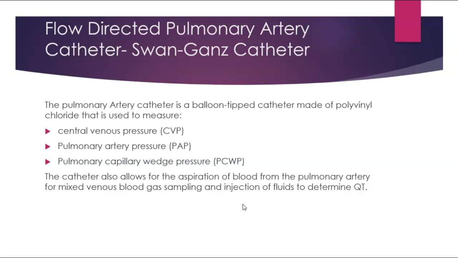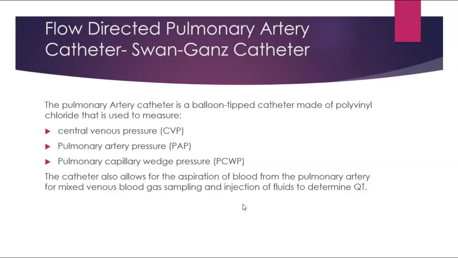The tip of this catheter, if it's just a central line, will sit in the right atria, which is going to be able to measure the central venous pressure. You can tell a lot about your patient's fluid status and blood volumes just by knowing their central venous pressure.